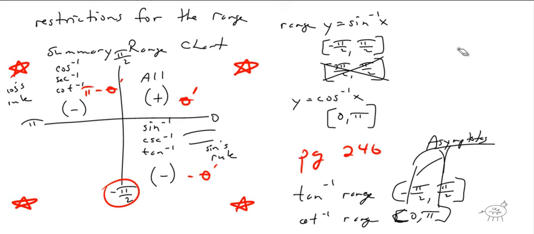Okay, so let's talk about how we're going to use all this stuff now. Let's just start with a couple examples here. My first example here is inverse cosine. I want you to find the inverse cosine of 1/2. This inside here represents a ratio, which you guys know already.